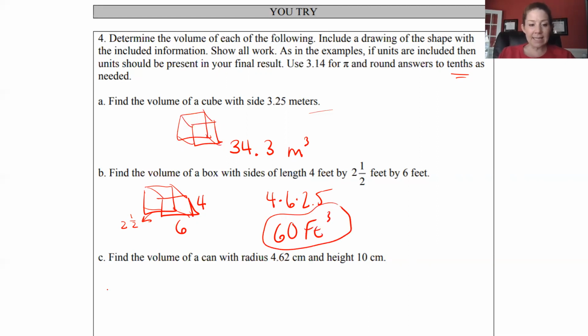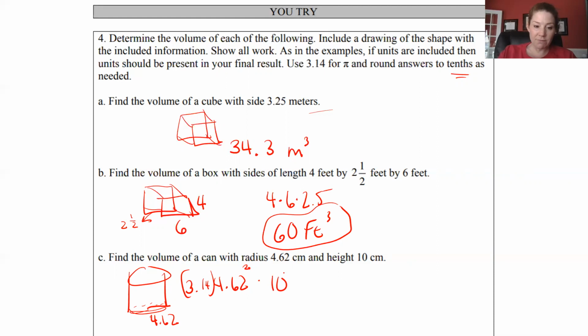And then a can is shaped like a cylinder, right? And let's see, the radius is 4.62. So we're going to do 4.62 squared, because we're going to do pi r cubed, or excuse me, pi r squared, 3.14 times 4.62 squared, and then times the height.